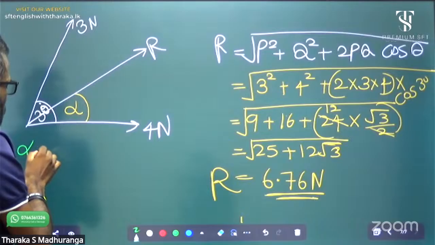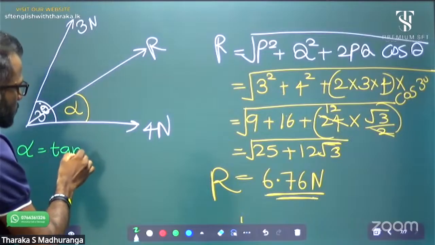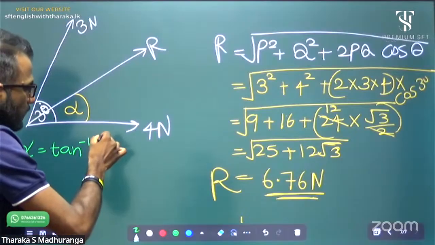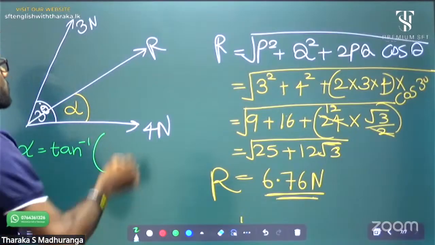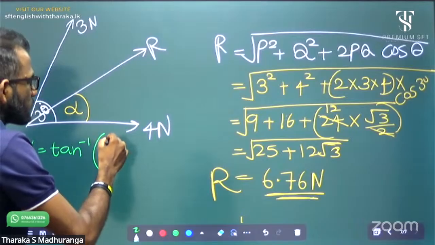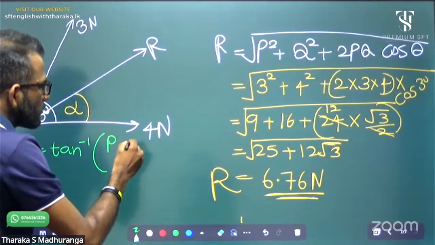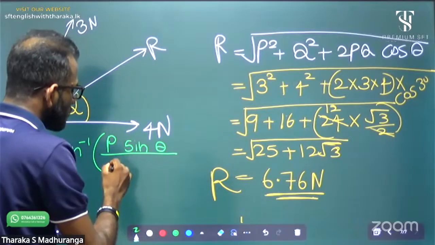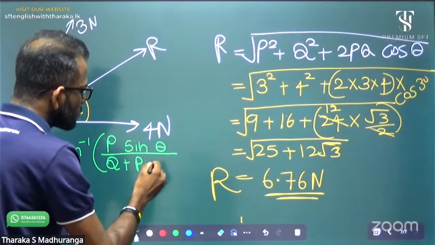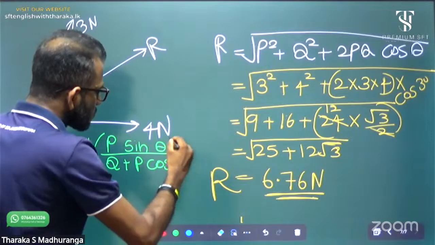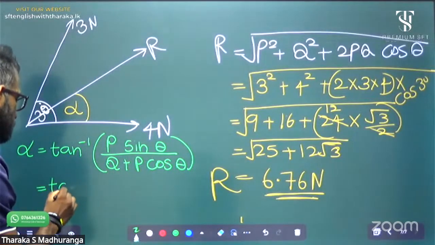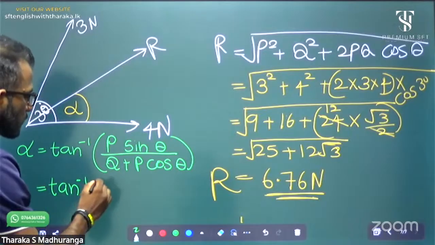Alpha equal tan inverse, you have to practice this. What is my equation? P sine theta divided by Q plus P cos theta. This is our equation, right? Now tan inverse.